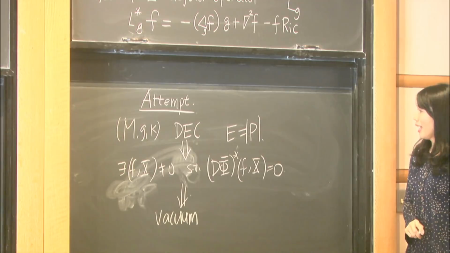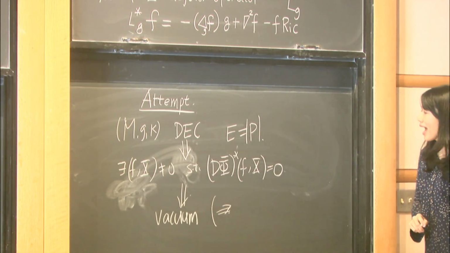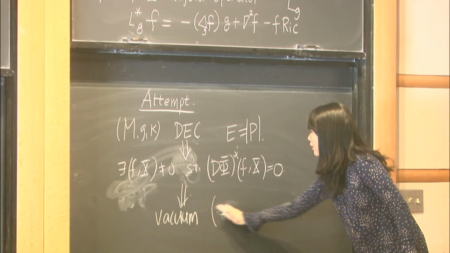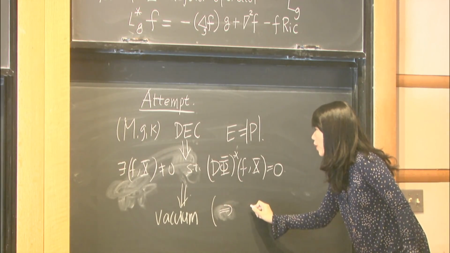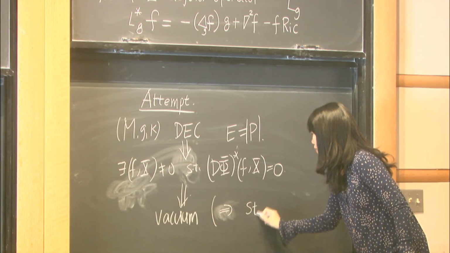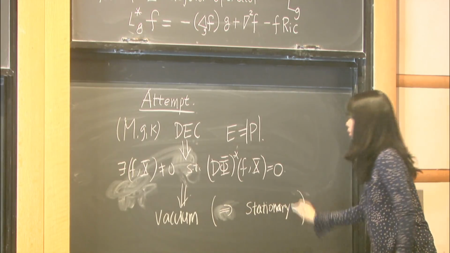Okay. And then this will correspond to a very active field called stationary uniqueness. So we are talking about in the category of stationary manifolds.